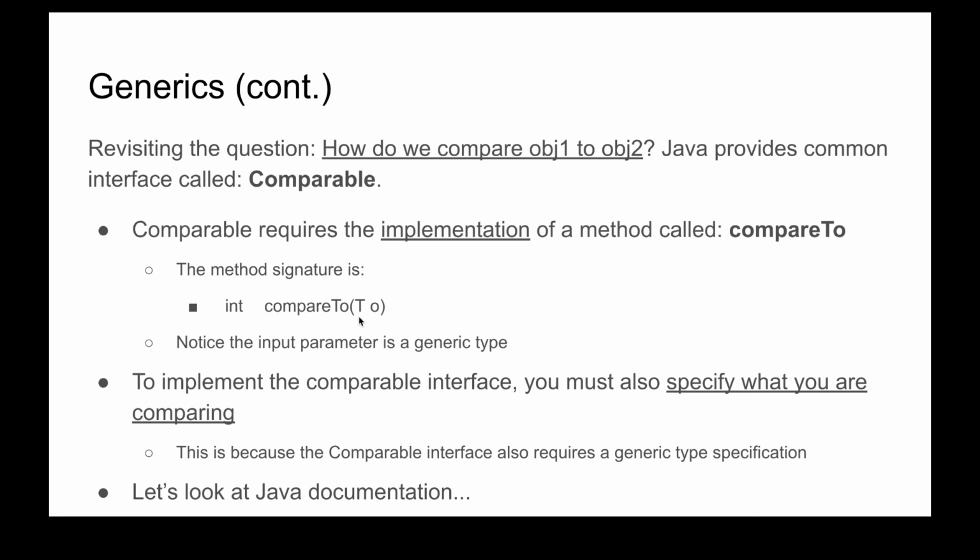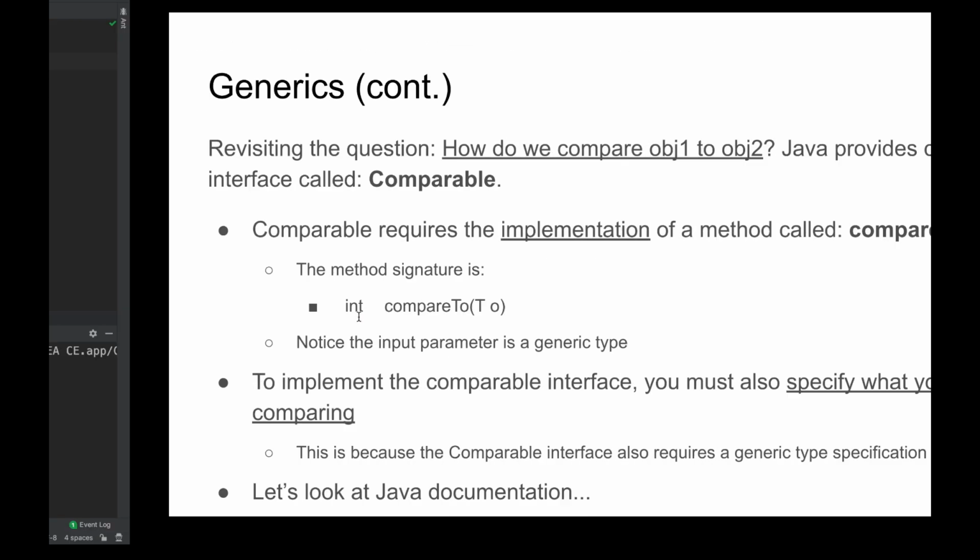Returning a 0 means they are equivalent by whatever metrics you've set. And greater than 0, I apologize, means that the current object is greater than the input object. So we're going to go ahead and dive into an example of this.